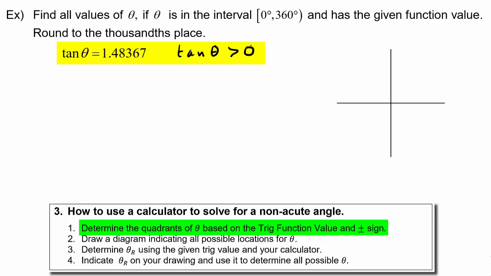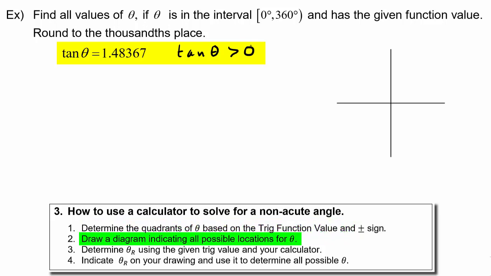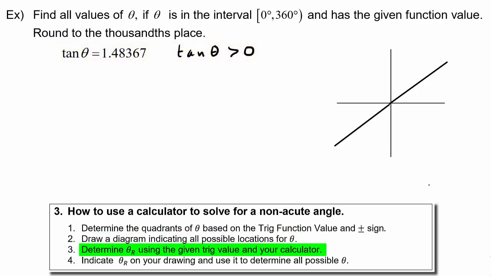We know that tangent is positive in quadrants 1 and 3, so we go on to step 2, where we draw a diagram indicating all the possible locations for theta. So quadrant 1 and quadrant 3. Step 3 says we have to determine the reference angle using this given trig value and our calculator.